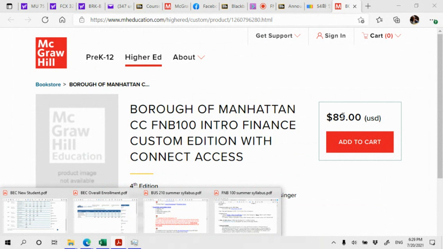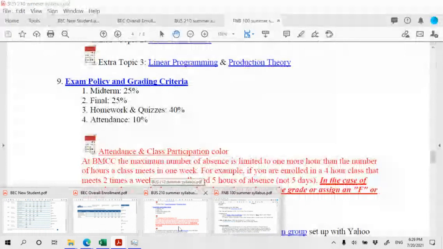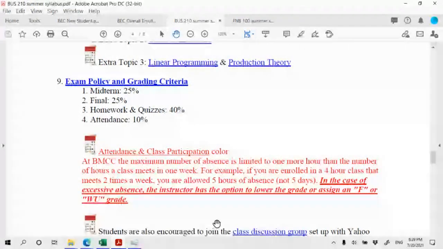At least the ebook will cost about $130, and a new hard copy 5th edition will cost about $250 or something like that. So don't bother, because I'm not going to assign any Connect problems. That's for the regular semester, not for summer.